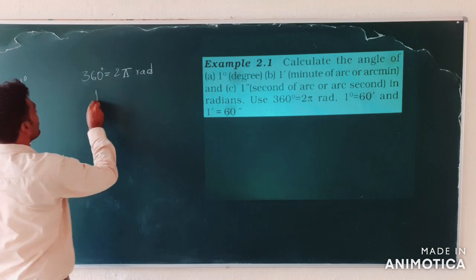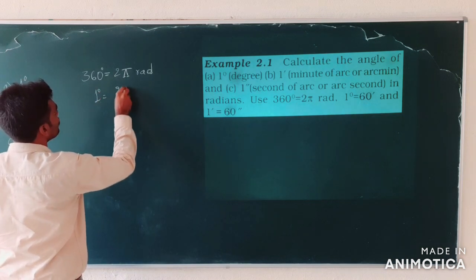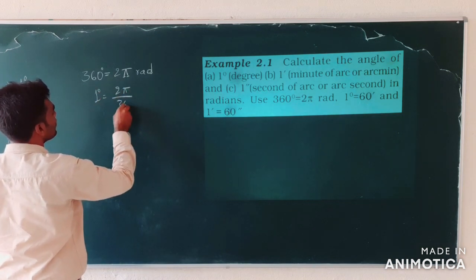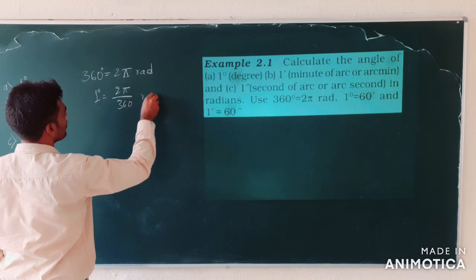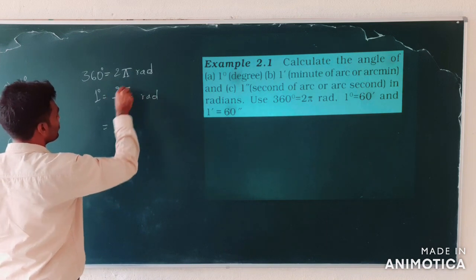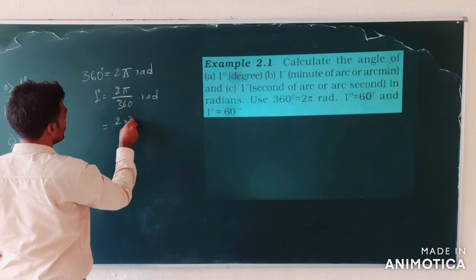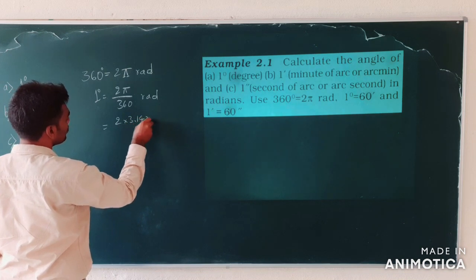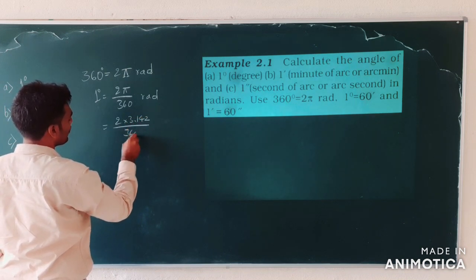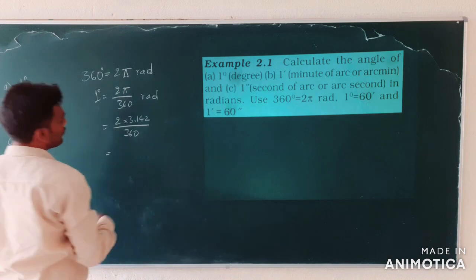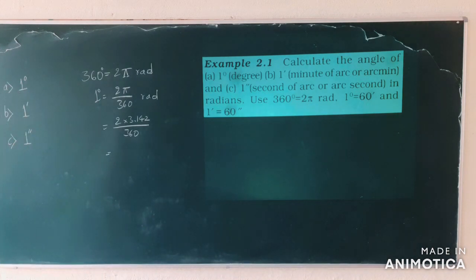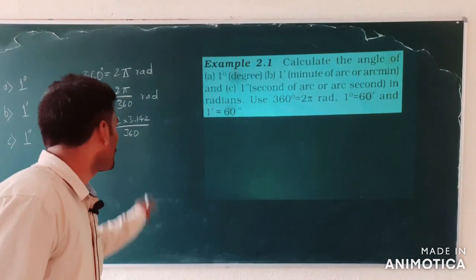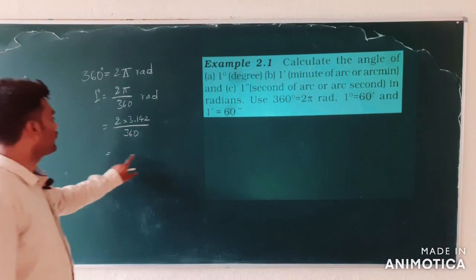So 1 degree is equal to 2 pi by 360 radian. What is this value? Solve for this. 2 into 3.142 divided by 360. Make use of calculator and obtain the value.